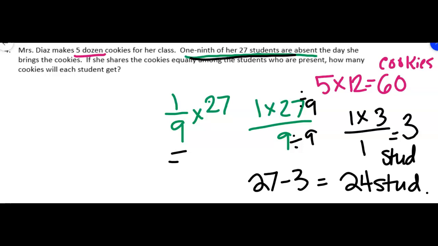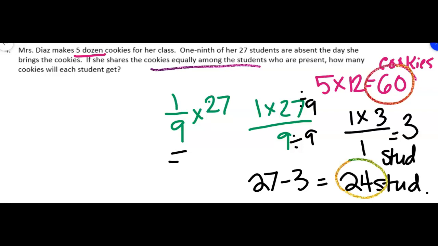Okay, the next part of this question says, if she shares the cookies equally among the students who are present, how many cookies will each kid be able to get? So she's got 60 cookies, 24 students.